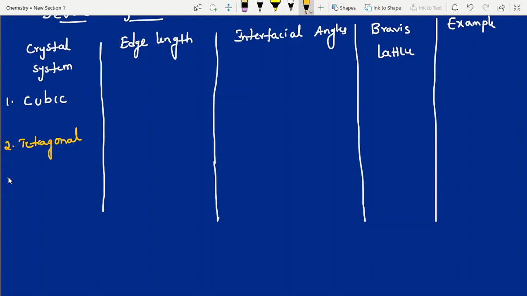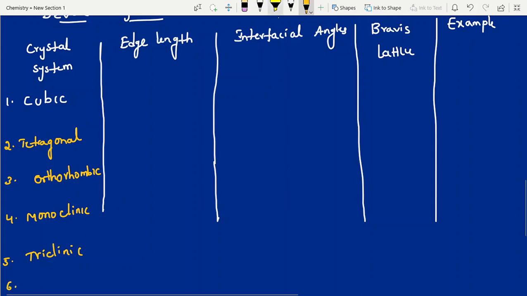The third one is orthorhombic. Orthorhombic sulfur we have studied in the 16th group elements. Fourth one, monoclinic. Fifth one, triclinic.